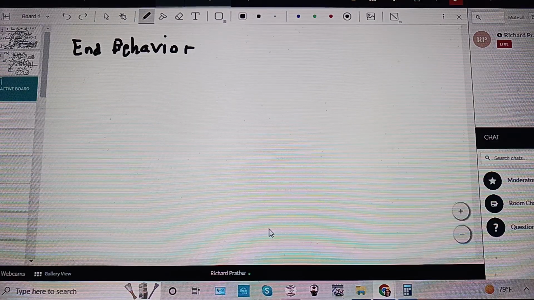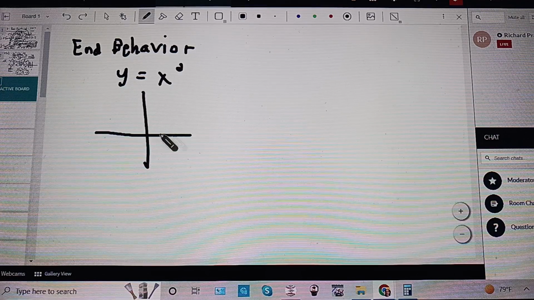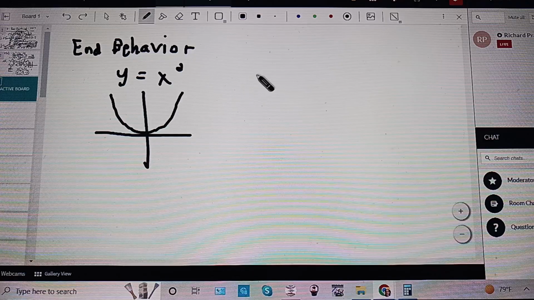So somebody noticed that all polynomial graphs do that at the far right and the far left. They're either shooting way up or way down every single time. So there's really 4 cases to know, but all I do is memorize the 2 easy graphs that we already have memorized. Everybody in this class should know that an x squared graph looks like that.